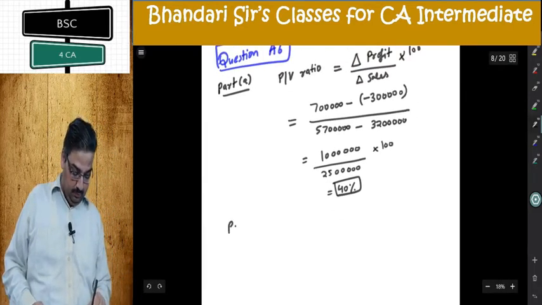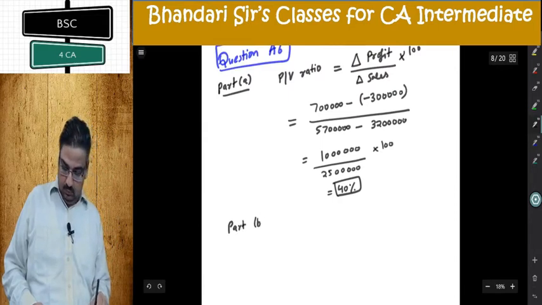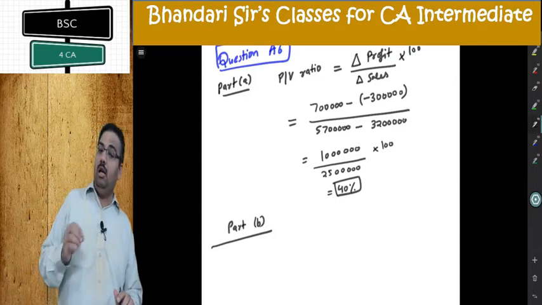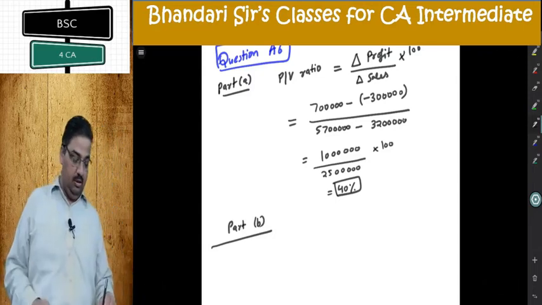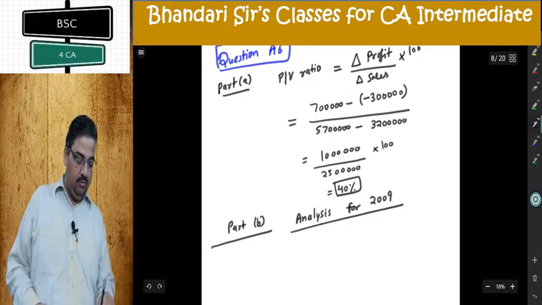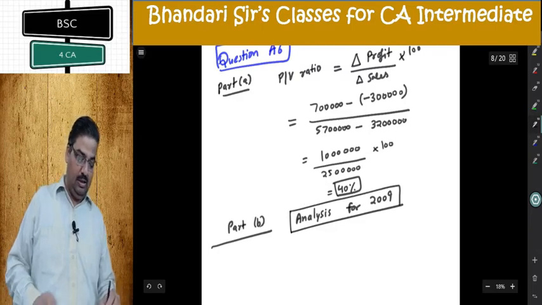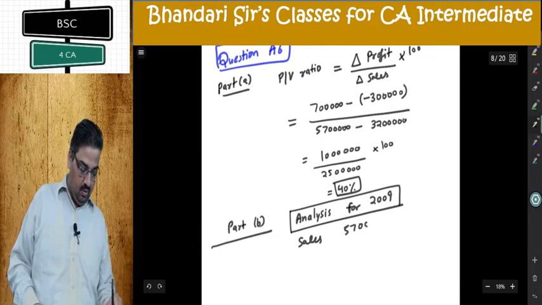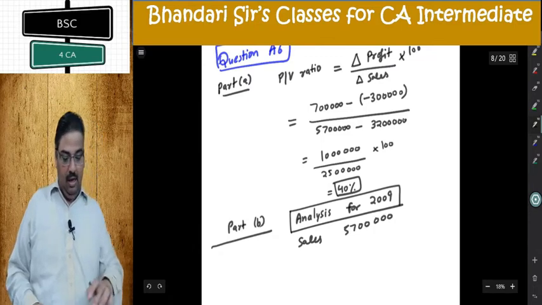Part B. It wants total fixed cost. I can compute from any of the years. Analysis for 2009. You could do analysis for 2008 also, you will get the same answer. Sales 57 lakh.